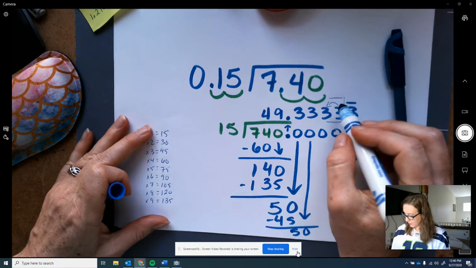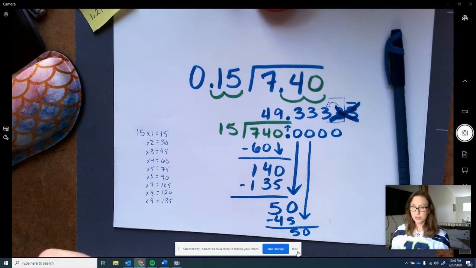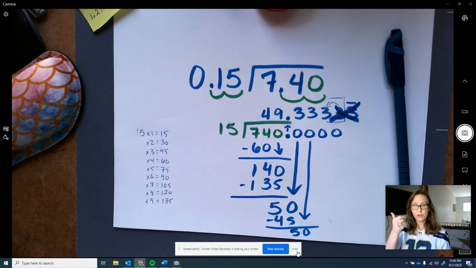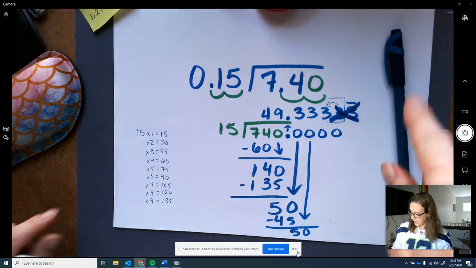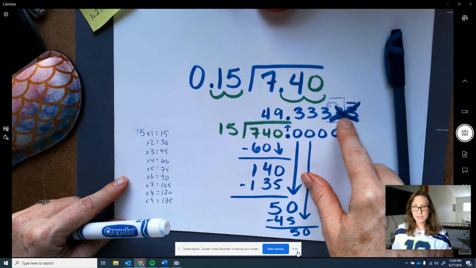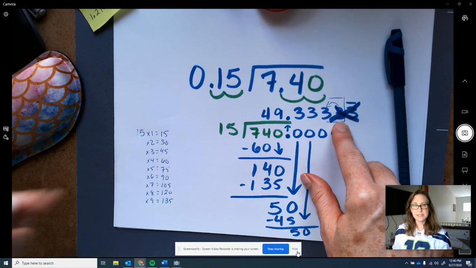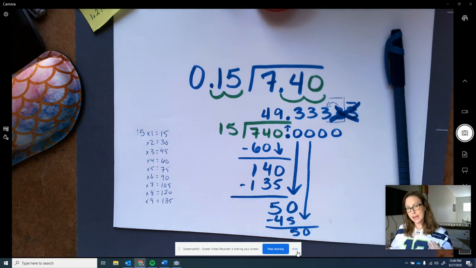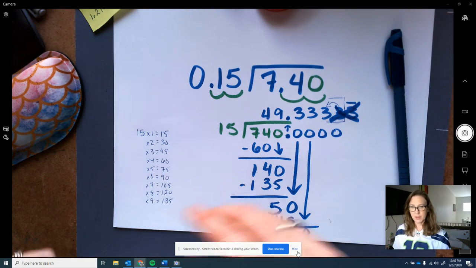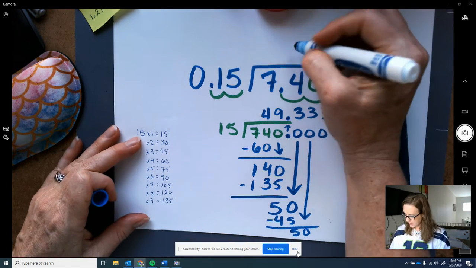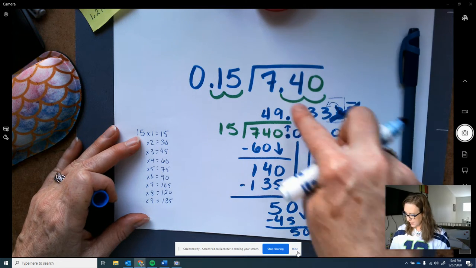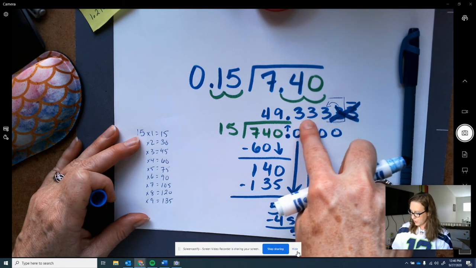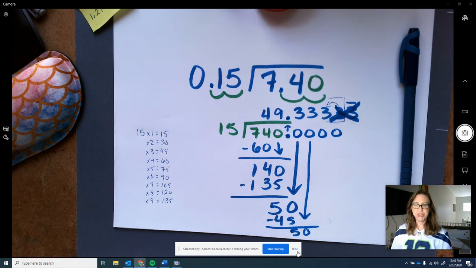It stays a 3 because it's under the number 5. If it's 0, 1, 2, 3, or 4, it stays the number. If the number deciding whether or not this number moves is a 5, 6, 7, 8, or 9, then it goes up. So the answer in this case is 49 and 333 thousandths.